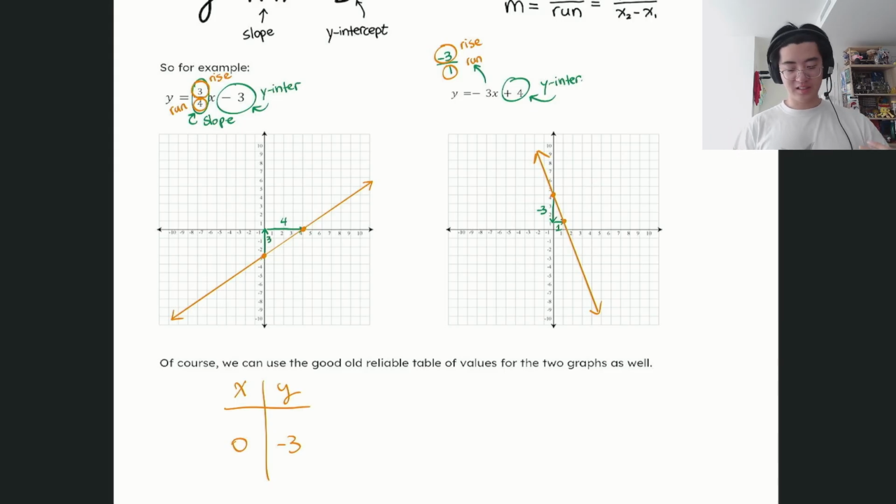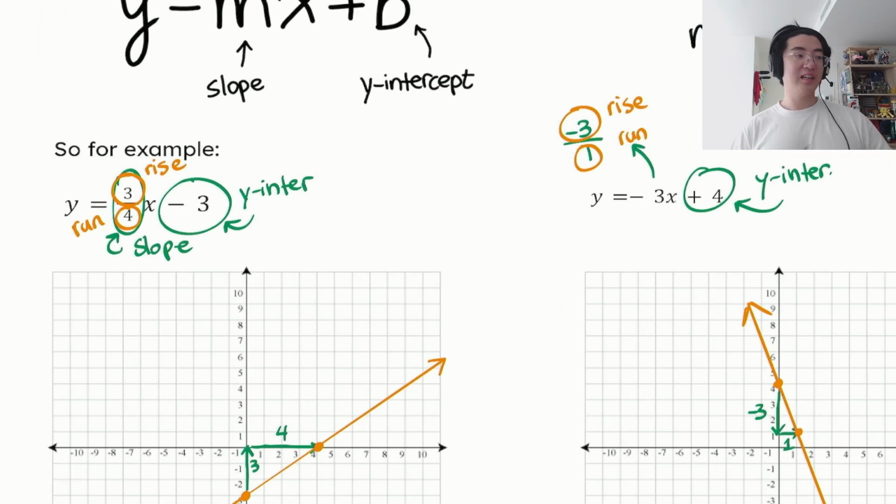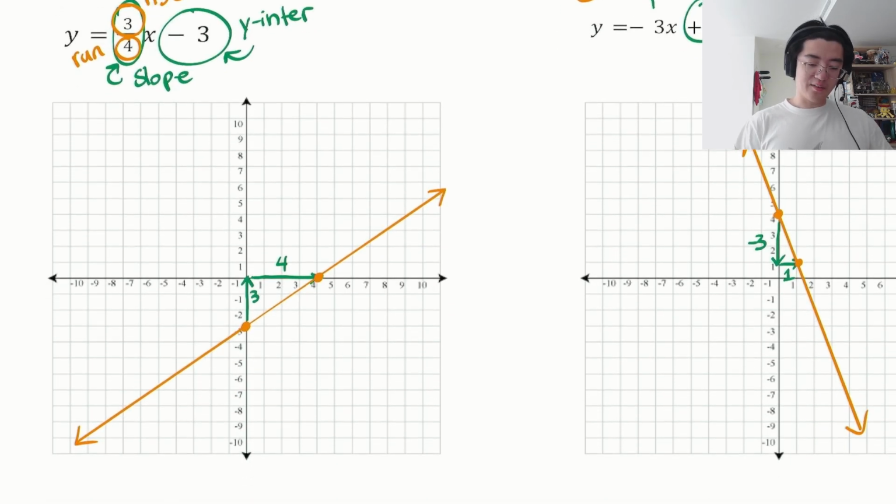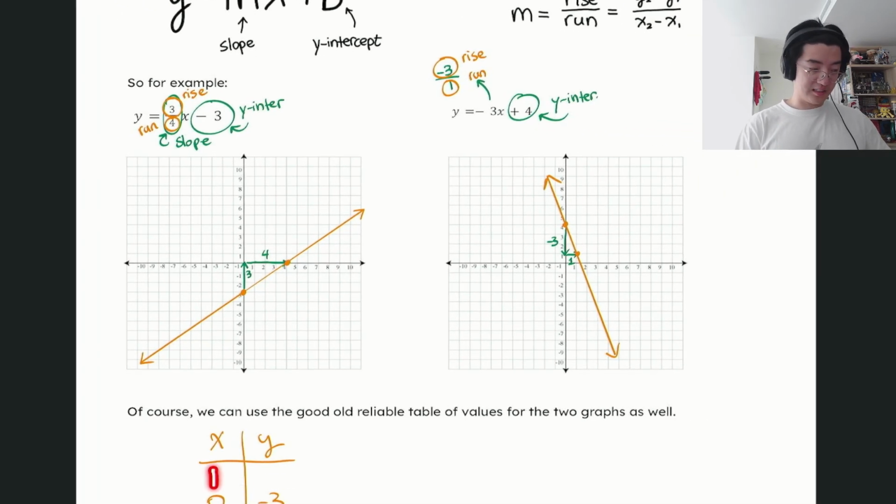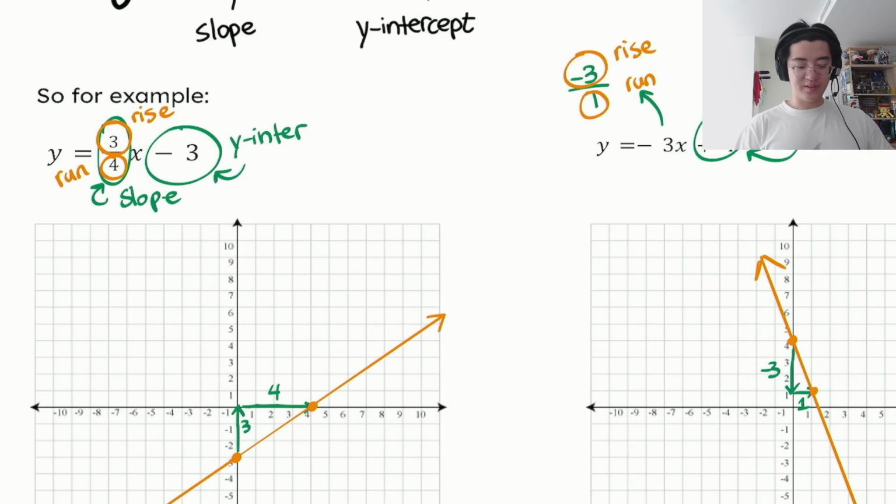And now we can just plug in a few different x numbers and plot it onto the graph. Of course, right here we have 3 over 4x minus 3. Generally, for the x you want to plug in, I will just use a number that's easy to calculate with this equation here. Because we can definitely do x equals to 1, but with x equals to 1, so 3 over 4 times 1 minus 3, that's going to be a negative fraction. I don't want to deal with that.